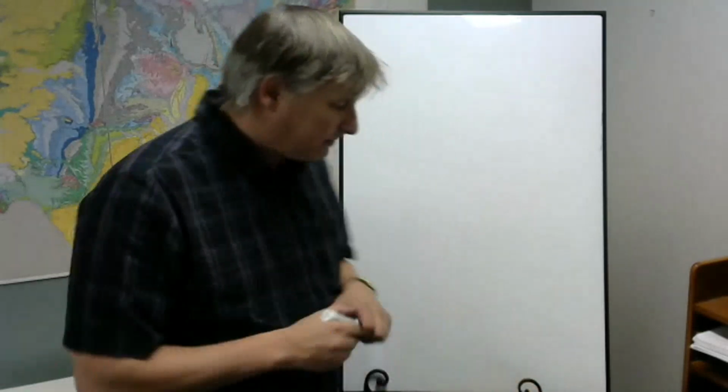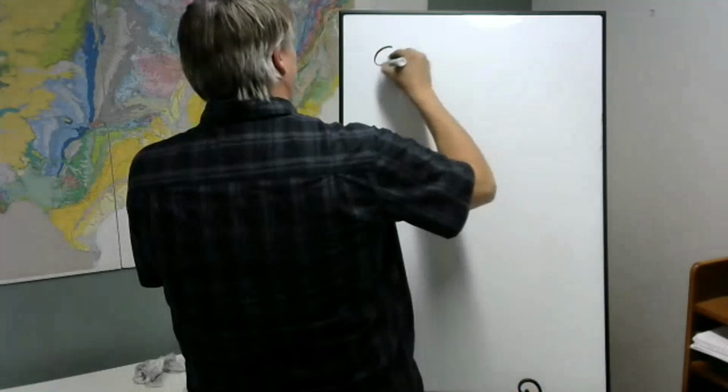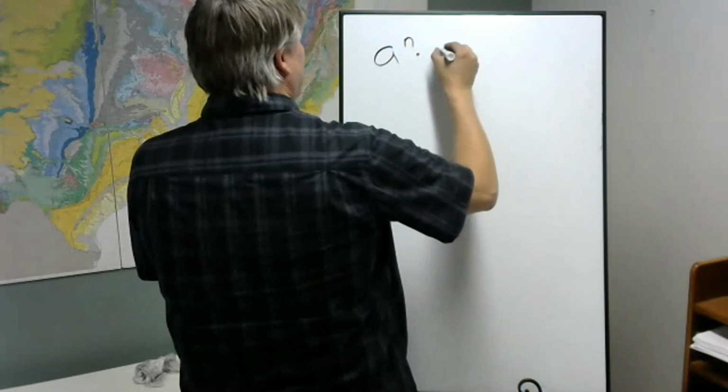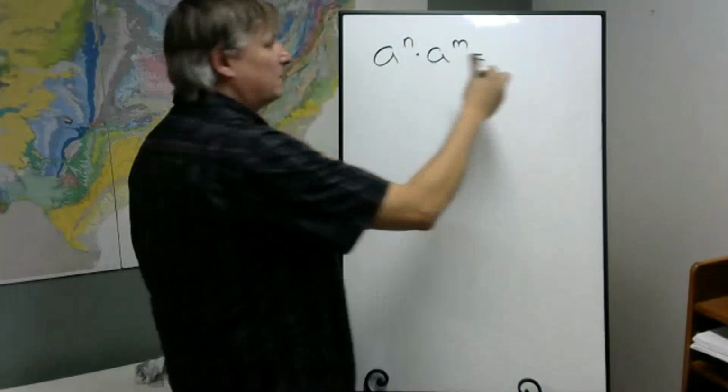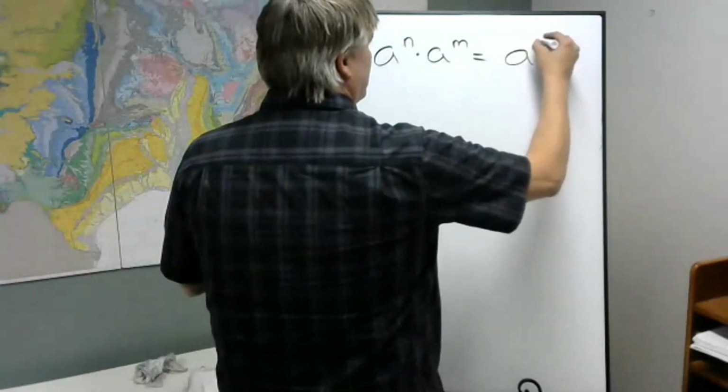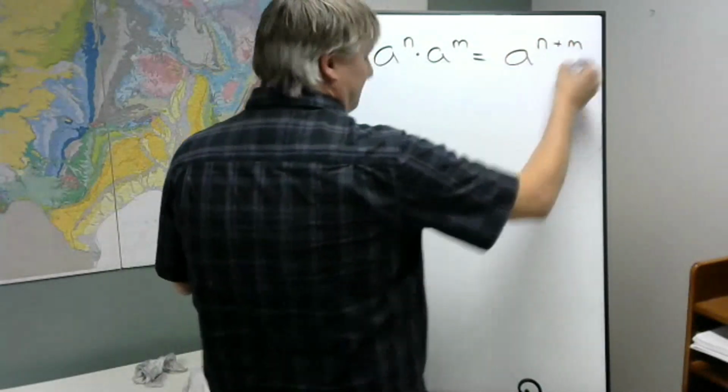What we want to do now, we're going to continue reviewing the properties of exponents. So we're going to look at, for example, a to the n times a to the m, as long as the bases are the same, a to the n plus m.